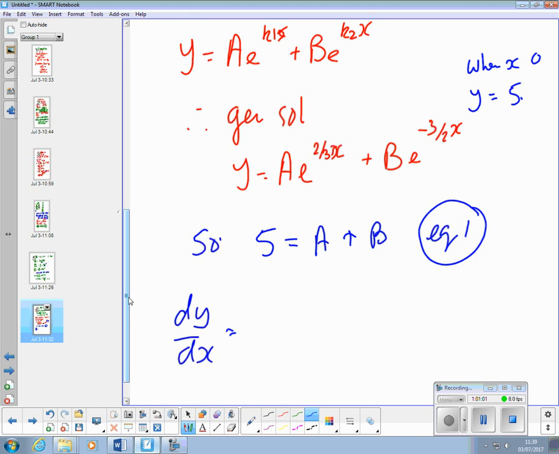Differential of e to the ax is a times e to the ax. So we end up with 2/3 e to the 2/3 x, minus 3 over 2 e to the minus 3 over 2 x.